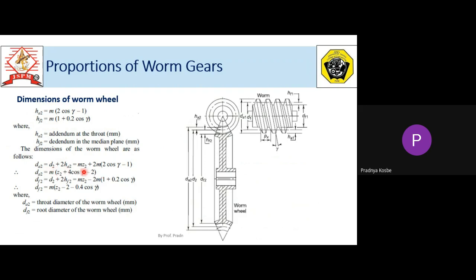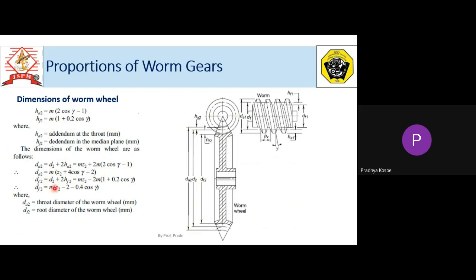D2 in terms of module and number of teeth will be MZ2, plus 2 HA2, HA2 being m into (2 cos gamma minus 1). So DA2 is equal to m in bracket Z2 plus 4 cos gamma minus 2.